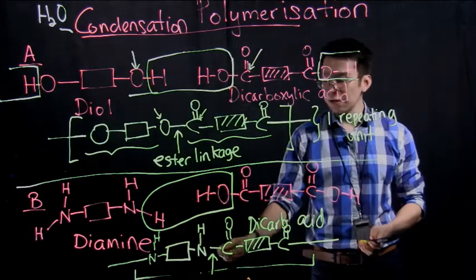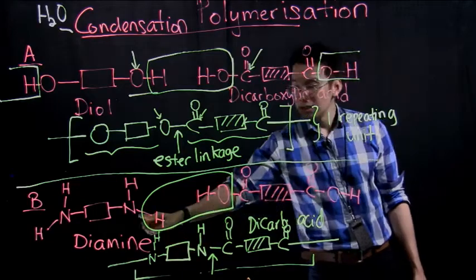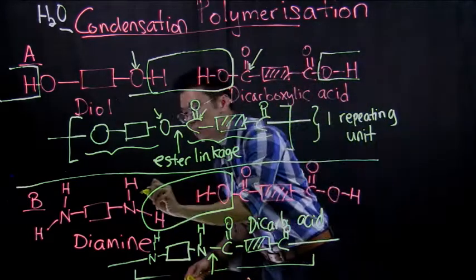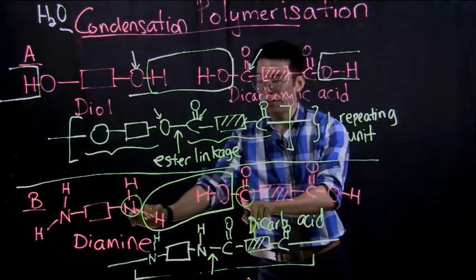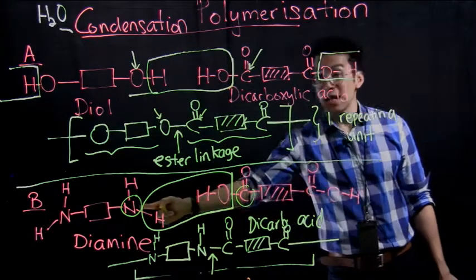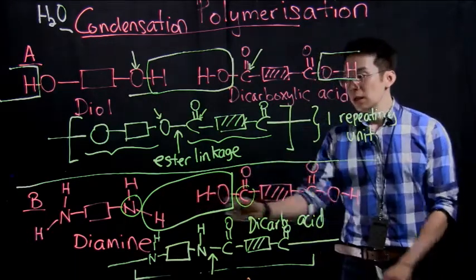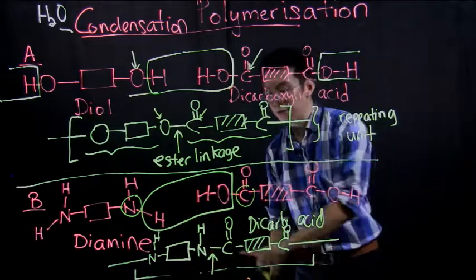Where does this bond come from? When this H and this OH have been removed, this particular N and this C both need to form a new bond. That's why this C and this N come together and form this bond.